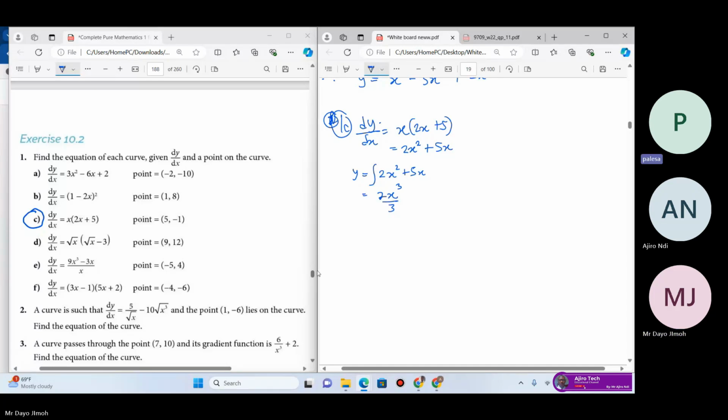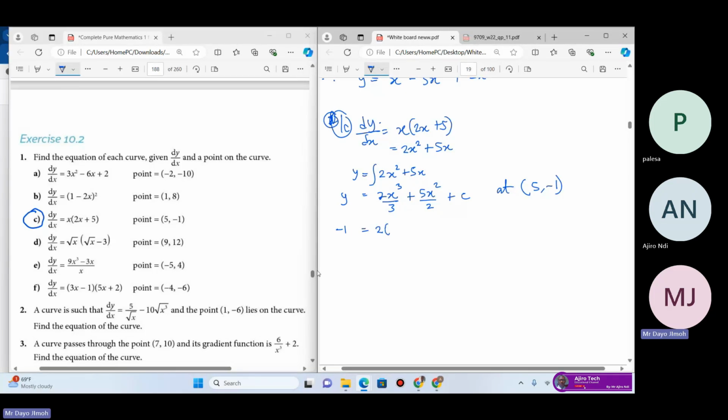Yes. Plus 5x squared over 2 plus C, right? That is y. So at that point, the point is what? 5 comma minus 1. So y is minus 1, x is 5, right? Yes.